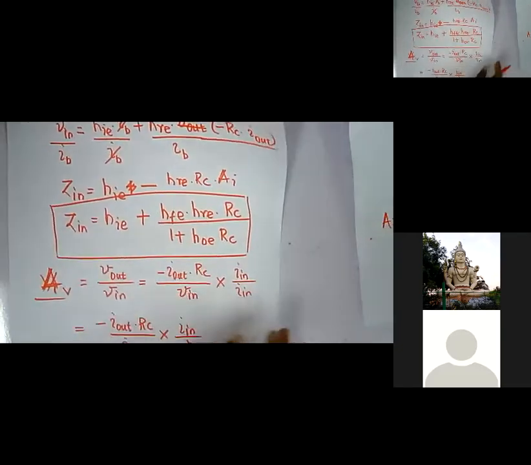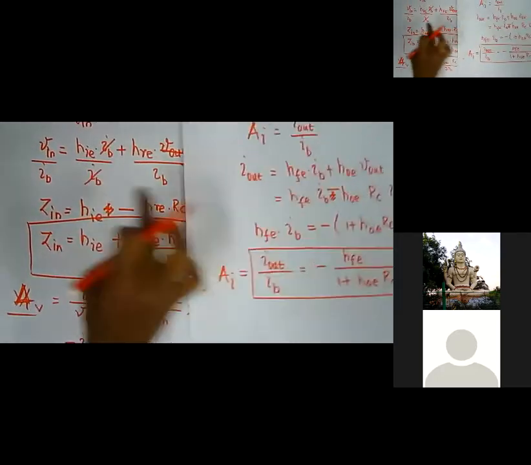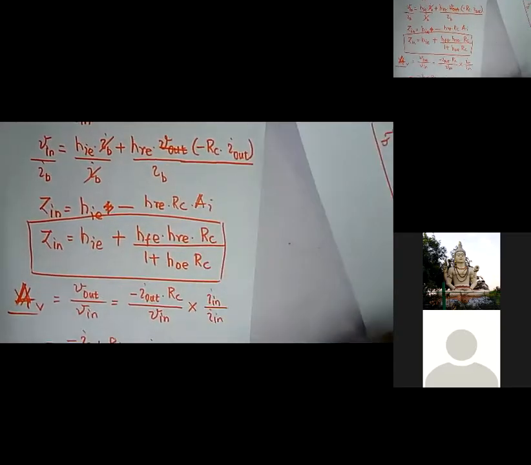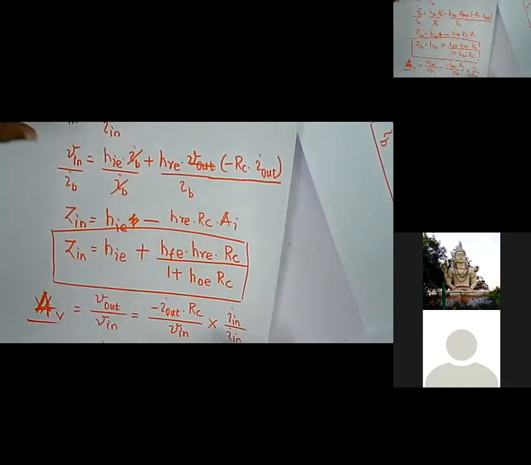Remember, you are using both AI and Z in the voltage gain calculation, so don't mess it up. If you follow the same order, you can do it easily. The final one is the output impedance.